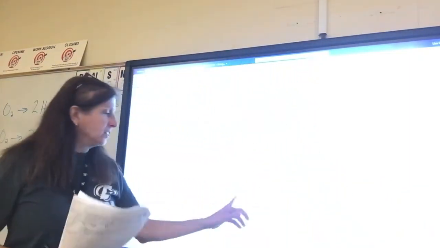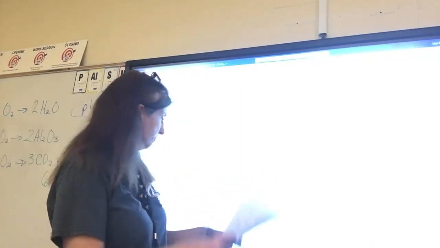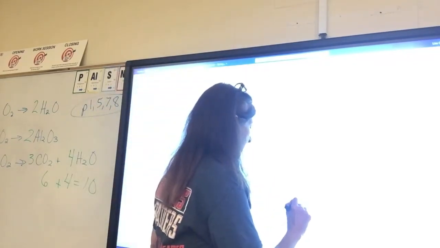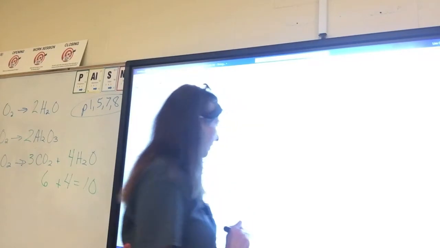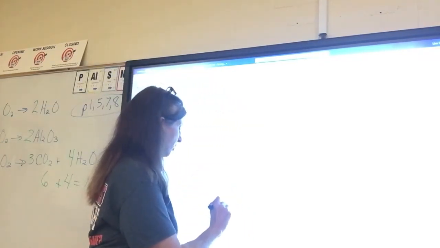All right. So the relative amounts can be expressed in moles. It's the coefficients that tell you the relative amounts. It is a ratio that can be determined.